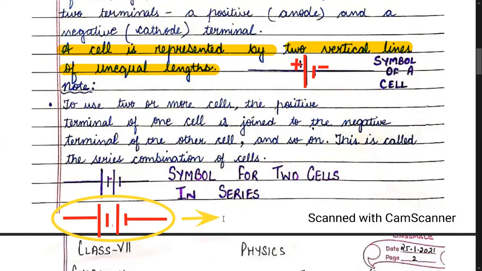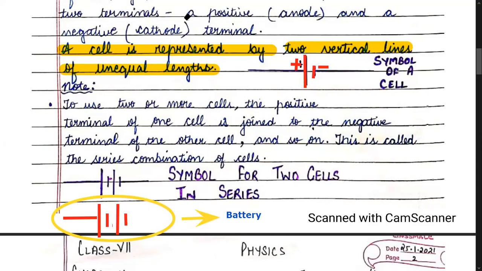And students, since we have joined two cells, this is the symbolic representation of a battery, where the two cells are connected in series.